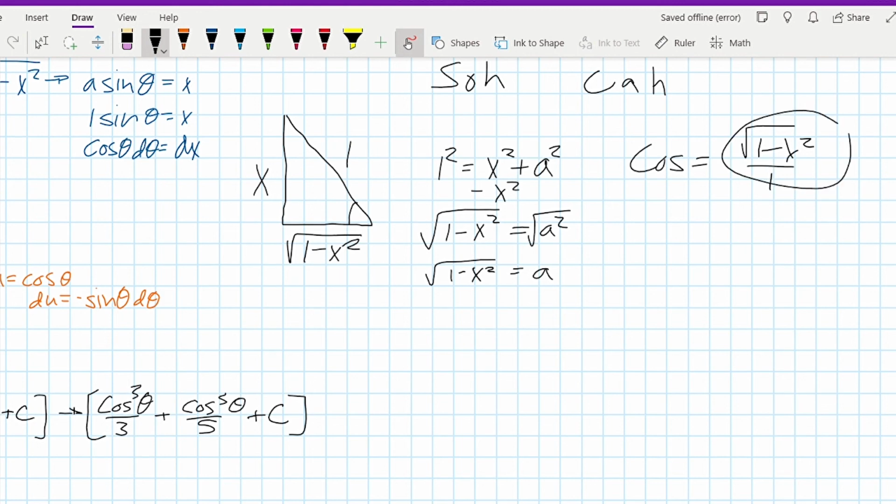So we can go ahead and put this in for every cosine in our integral.